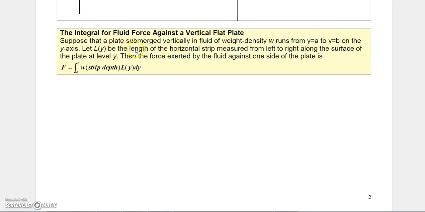Let L of y be the length of the horizontal strip measured from left to right along the surface of the plate. Then the force exerted by the fluid against one side of the plate is simply integrating from y equals a to y equals b, the density of the fluid times the depth of the strip times the length of the strip, dy. And so let's take a look at an example.